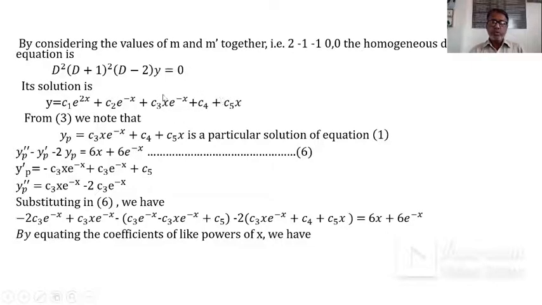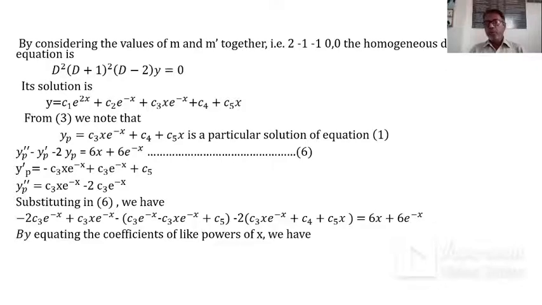Therefore, we call the rest yp dash, or for simplicity yp. Here, yp is c3x e to the power minus x plus c4 plus c5x. This is a particular solution of the given non-homogeneous differential equation 1.